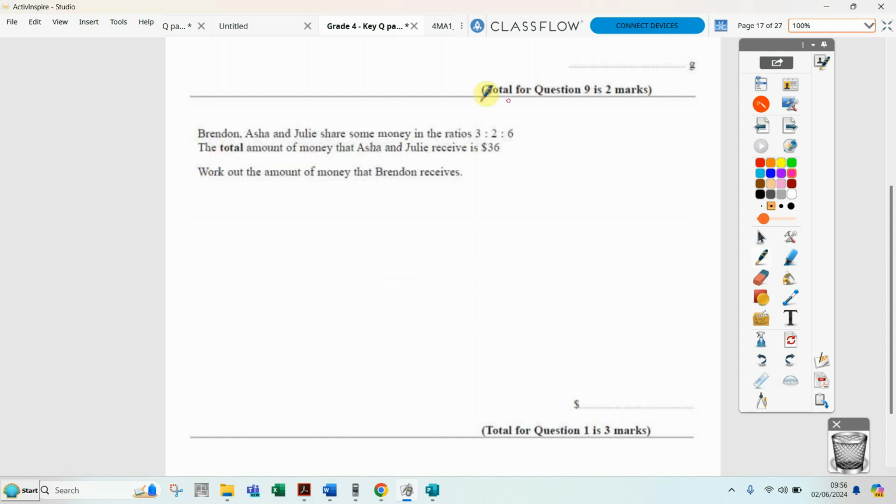Right, and the next one, ratios. We've got three people here, B, A, and J. The total amount that A and J receive is 36. So A and J is the 2 and the 6. The 2 and the 6 add together to make 8. So I'm going to divide 36 by 8. I'm not dividing it by the total of all of them because it says only Asha and Julie receive 36.